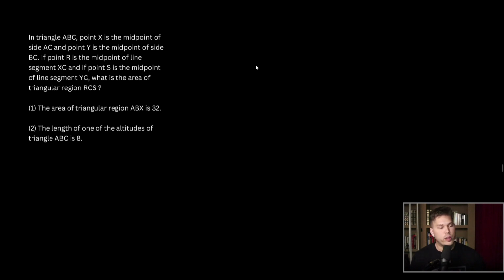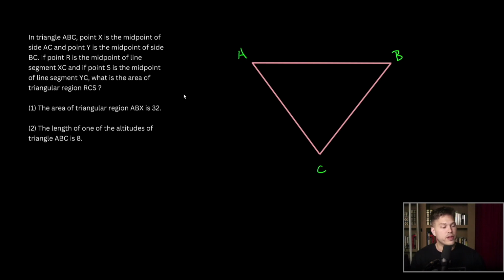All right, so let's quickly draw out a triangle. Let's see exactly what we have going on here. Here we have some triangle ABC, and we have a lot of midpoints mentioned, and then midpoints of midpoints.